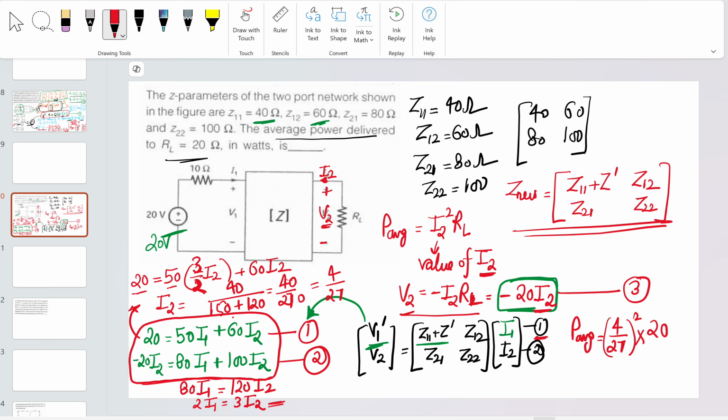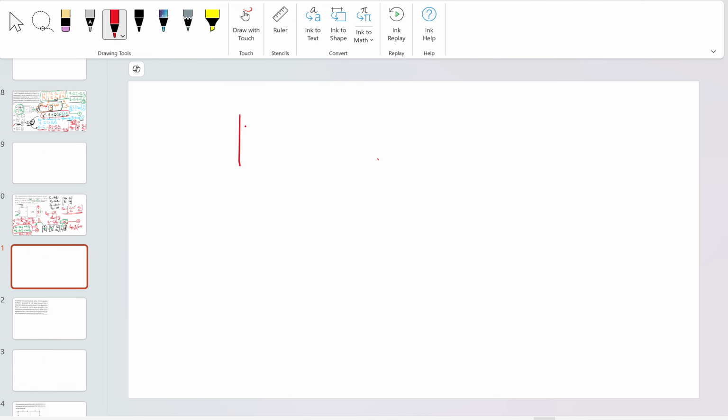The important point here is to remember that if you are having the two-port network and you have this input impedance added in between the system, this is the V2 and this is the I2, and this was the V1 and this is the I1, and the Z dash was added and the V dash it became.